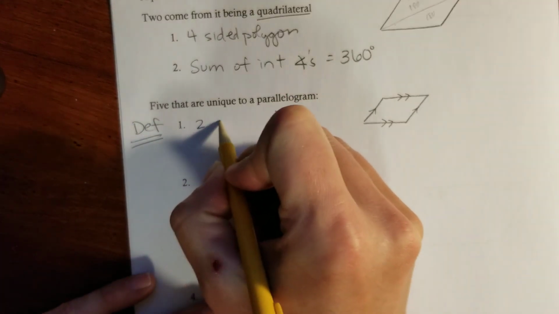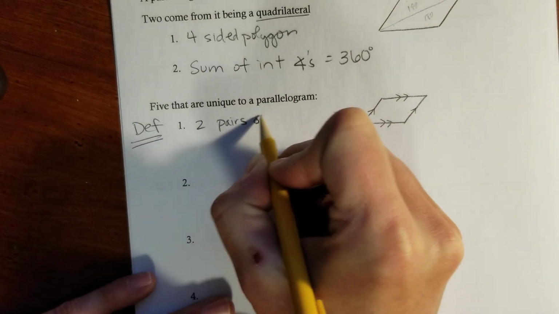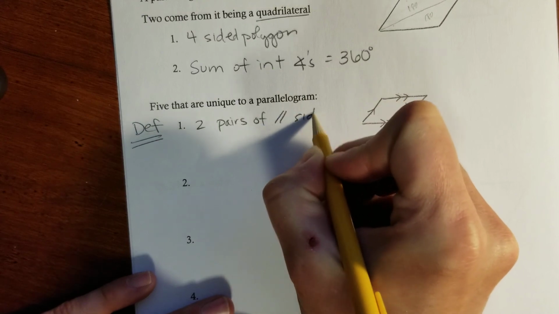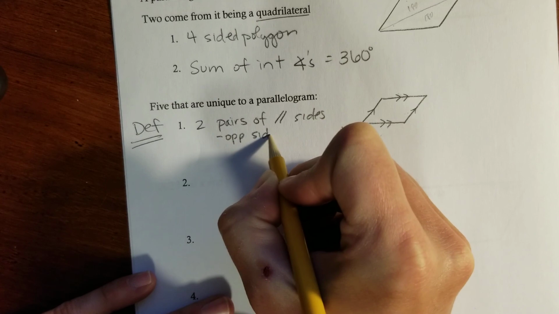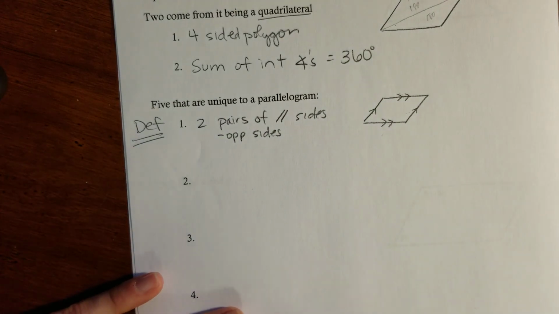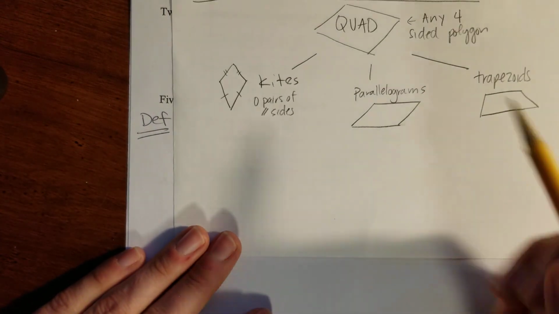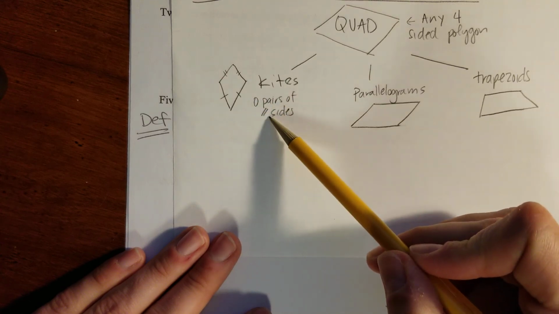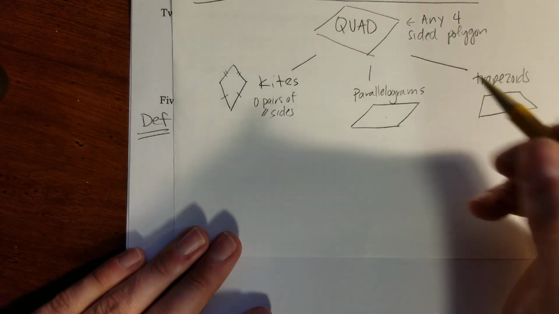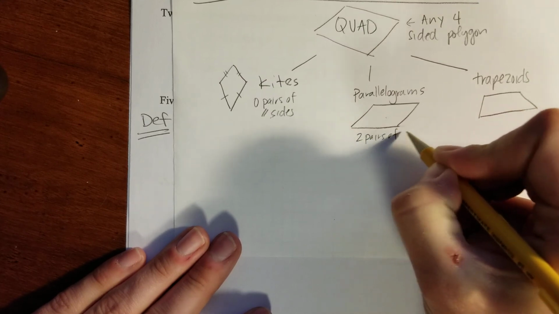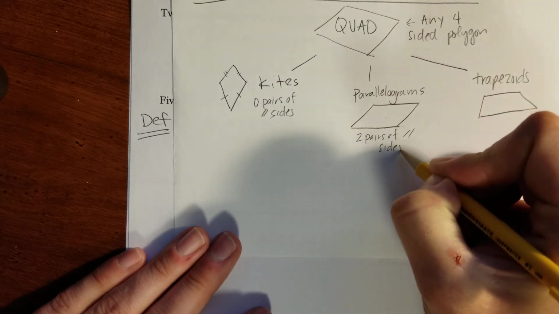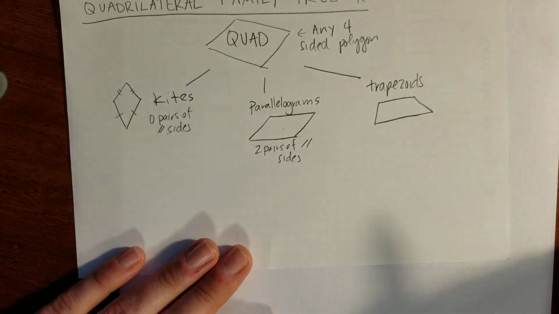So we're going to have 2 pairs of parallel sides, and they're going to be the opposite sides, which are parallel. You might remember from over here, a kite has 0 pairs of parallel sides. So that means we know a parallelogram has 2 pairs of parallel sides. So then by default, what do you think a trapezoid has?